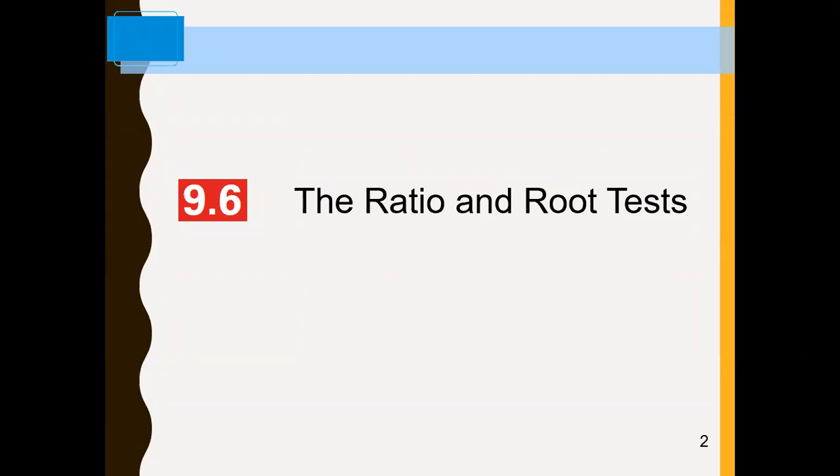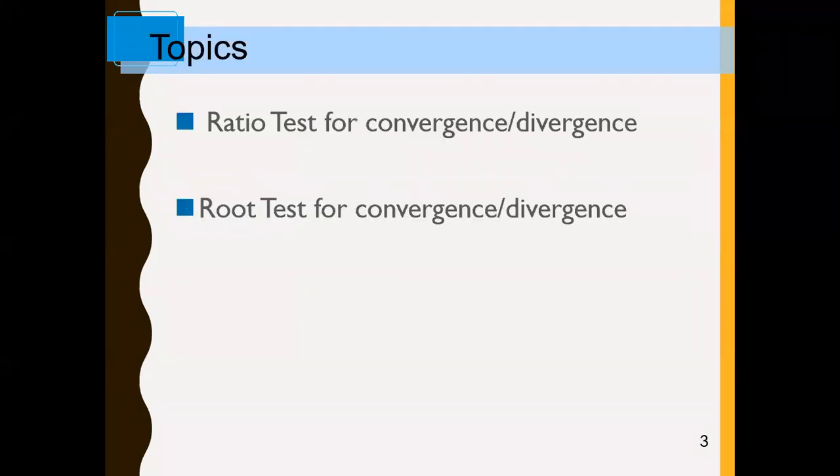Ratio and root tests are another example of something that we can apply across the board without apology, whether it's a series of positive terms or not, okay? So again, the plan is to talk about the ratio test first, and then we will talk about the root test, okay?